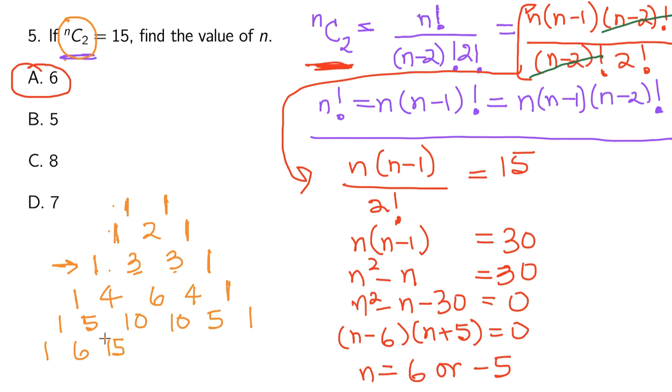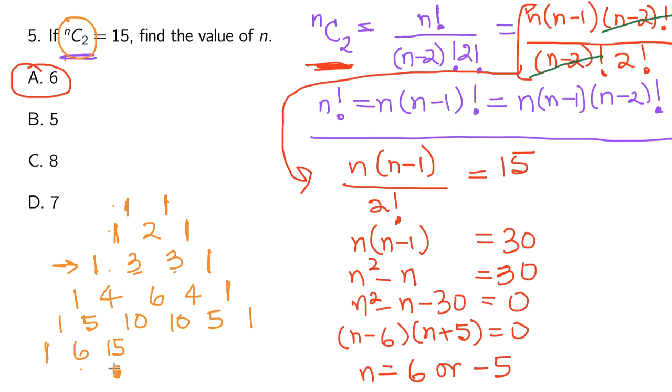Now, having found 15, we are hoping that it satisfies this equation. We know that this is row 6, right? 1, 2, 3, 4, 5, 6. This is row 6, and this is 6 combination 0, 6 combination 1, and 6 combination 2.